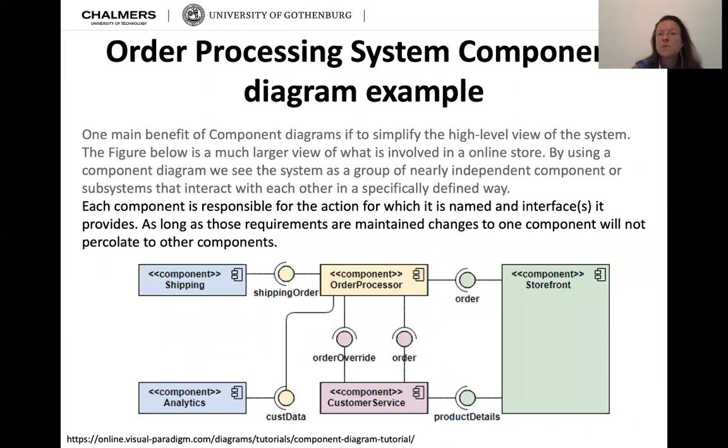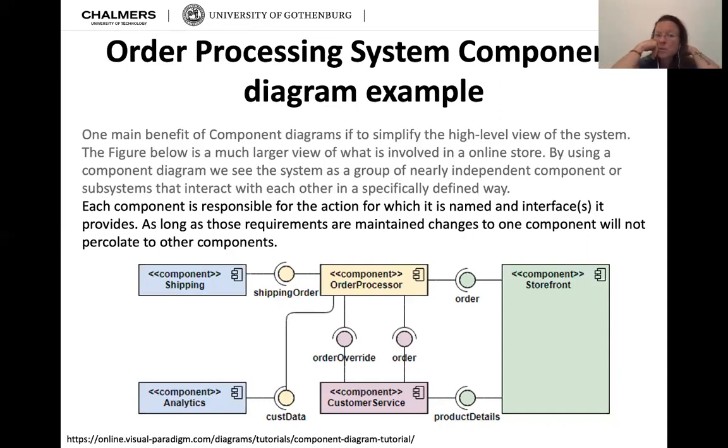And then, order processing system. So one main benefit of component diagrams is to simplify the high-level view of the system. And the figure below is a much larger view of what is involved in an online store.